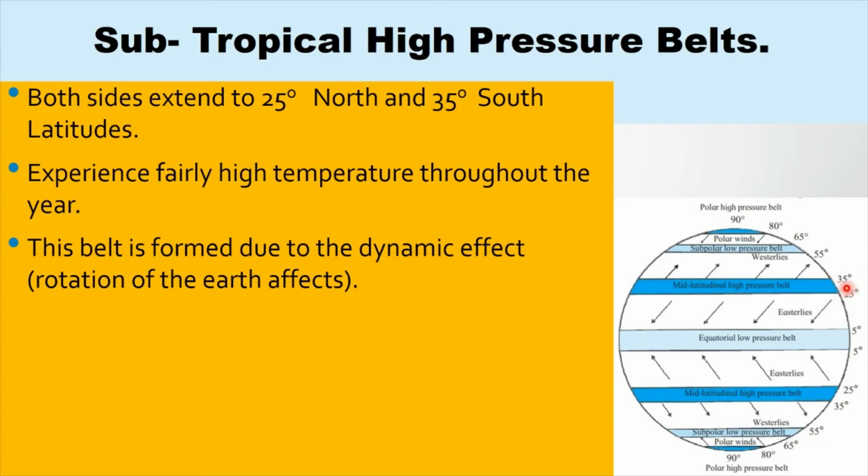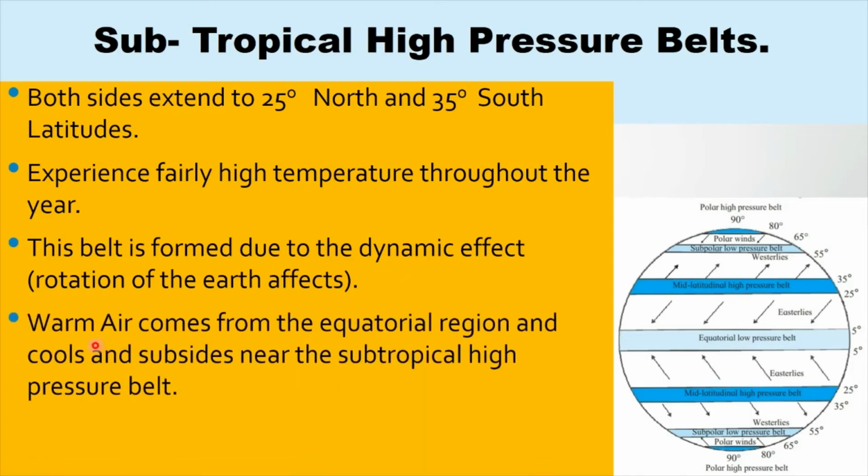Here you can see in this diagram, 25 to 35 degrees, the mid latitudinal high pressure belt. Yeah, it is called the subtropical high pressure belt. These are the characteristics and extension. Here temperature is high, but still it is high pressure, due to the dynamic effect of the earth.